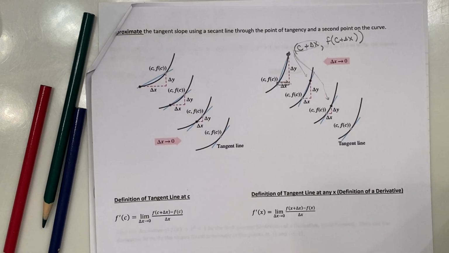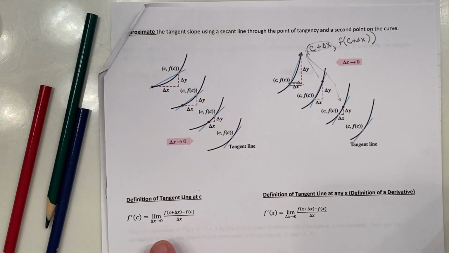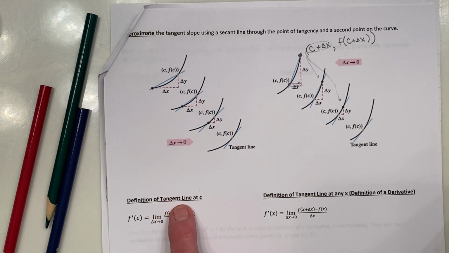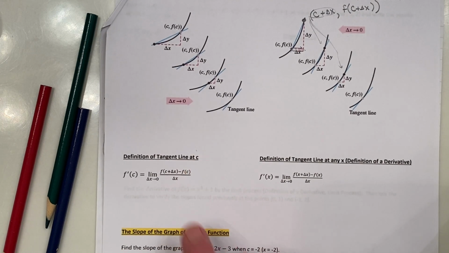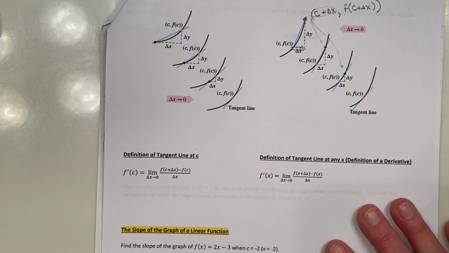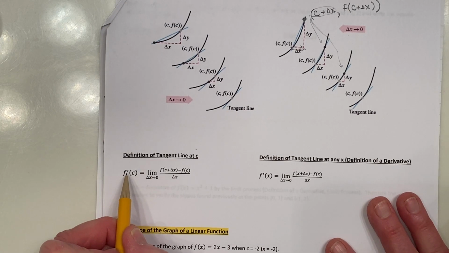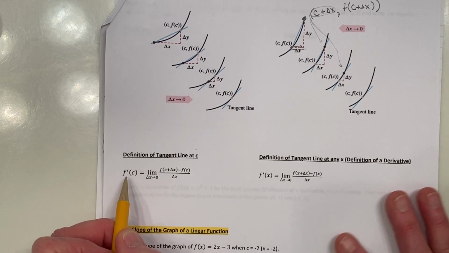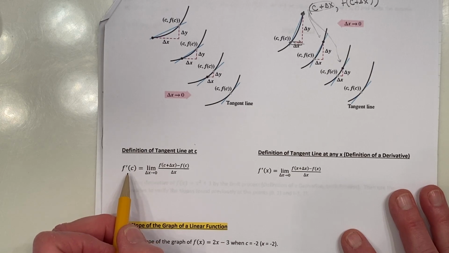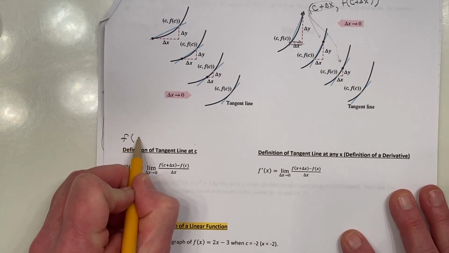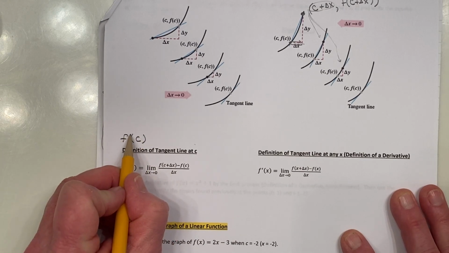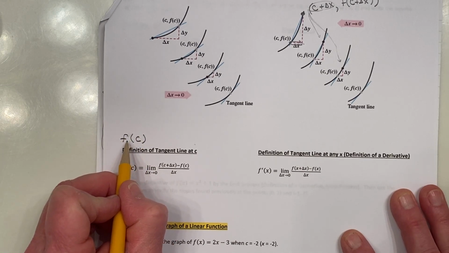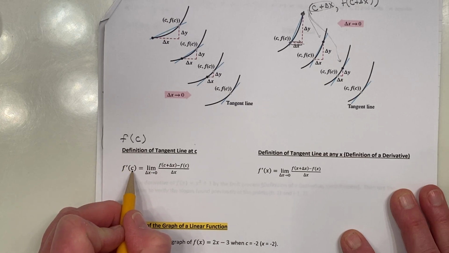All right, so now coming to 2 big definitions right here. This is called the definition of a tangent line at a specific x value. The notation is a bit weird. Notice that this little apostrophe in calculus is called prime. So f of c without the prime is a y value. But when you put a prime on this, like a little apostrophe, and we call this f prime of c, we're talking about the slope.